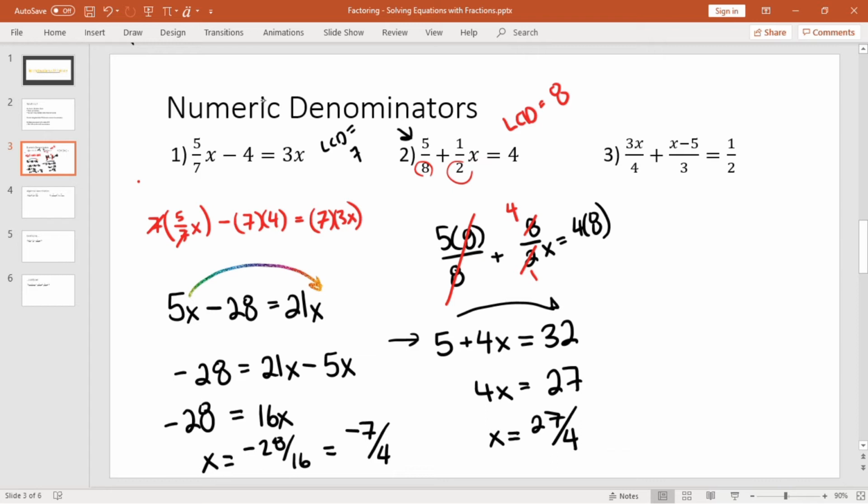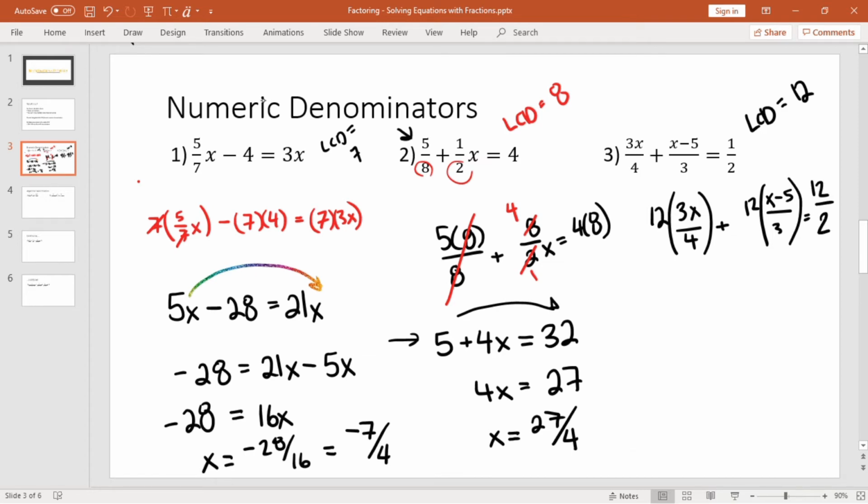In this case, for my LCD, I need 4, 3, and 2 to go into it, so my LCD is going to be 12. And same thing, so even if I just, no, I'll rewrite it. I was going to be lazy and do it on top, but that's not going to work. So 12 times 3x over 4 plus 12 times x minus 5 over 3 equals 12 times 1 over 2.